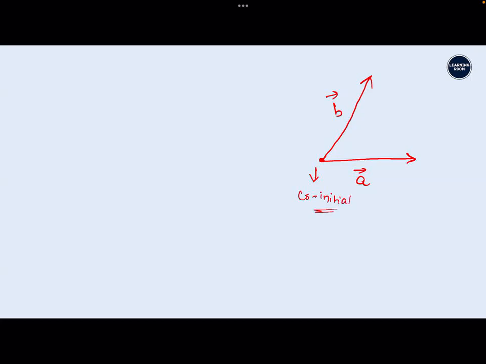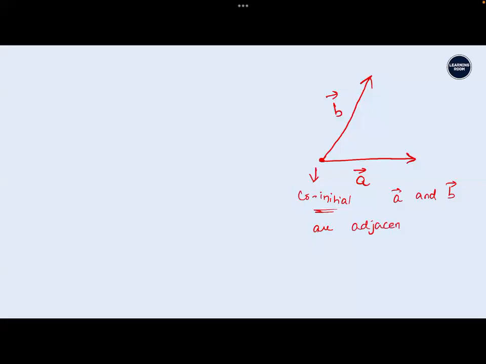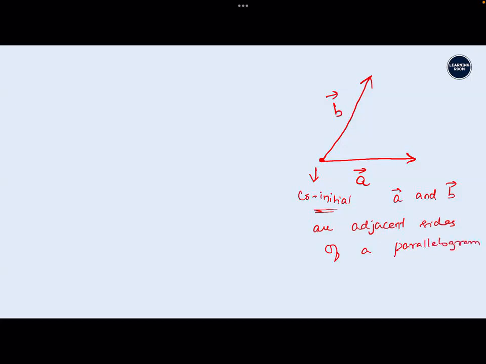Now, I can say A vector and B vector are adjacent sides of a parallelogram, right?